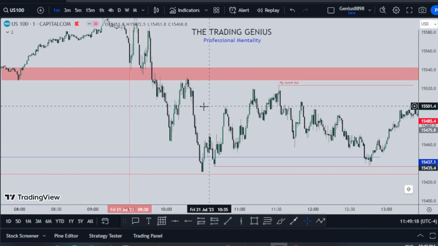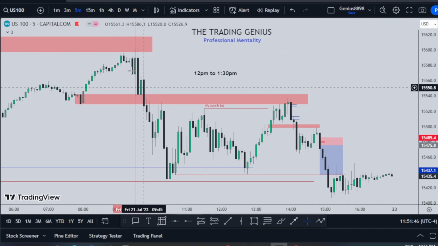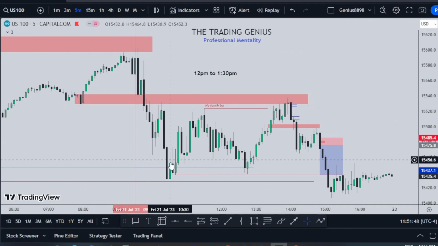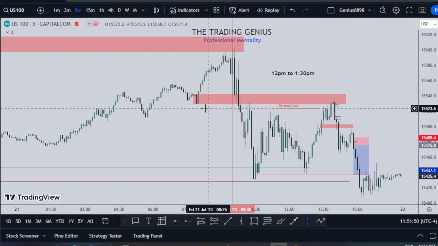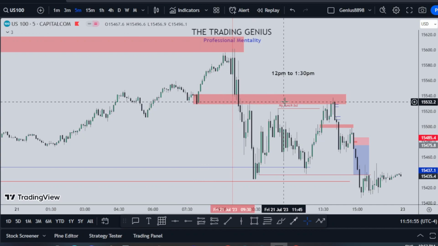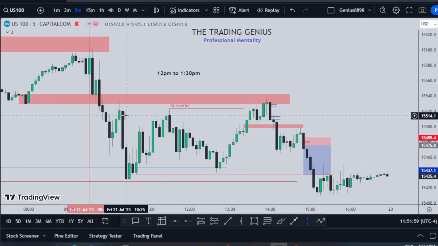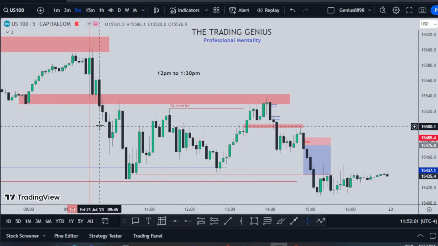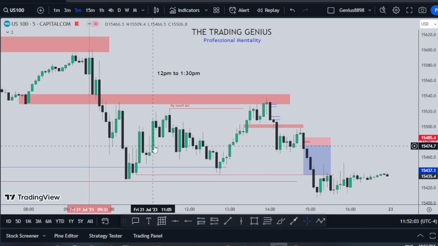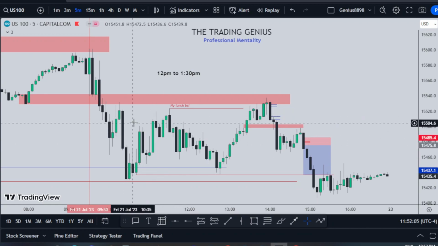I was waiting. After it breaks to the downside here, I was waiting for it to come back, because I believe that when it comes back to this bearish breaker here, price would continue to the downside. Okay, and I was waiting at this point. There's nothing to enter. We have these really nice fair value gaps here, but there was nothing on the 1 minute time frame.